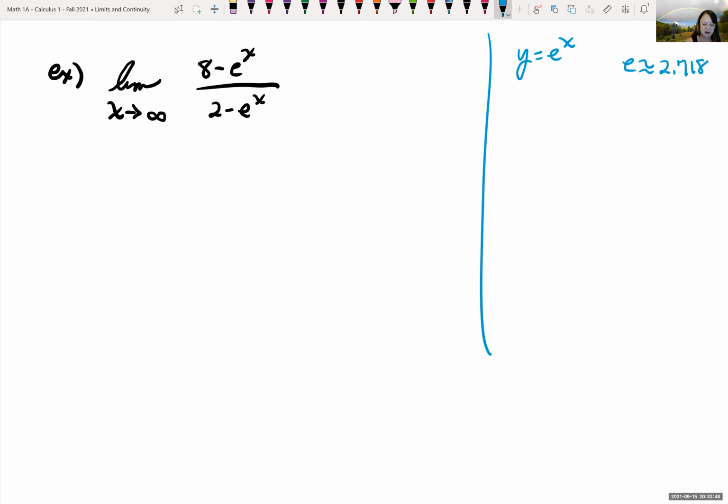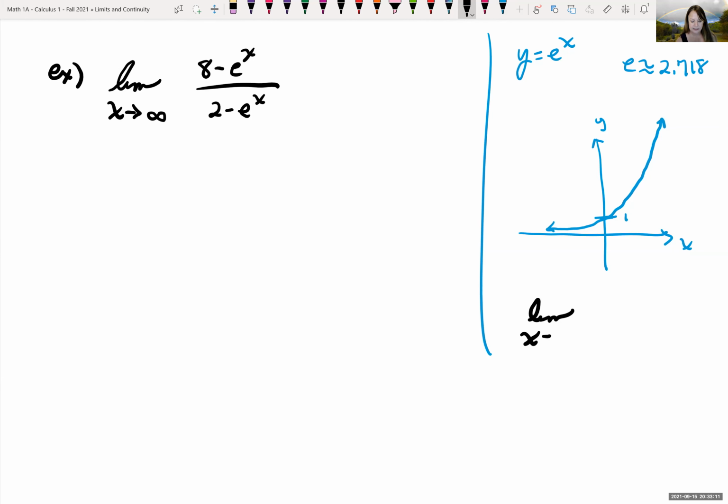If you start plotting points, you can get it that way, or you may remember that it looks similar to this. And so notice that as we look at the limit as x is approaching positive infinity of e to the x, this is going to be shooting off to infinity.